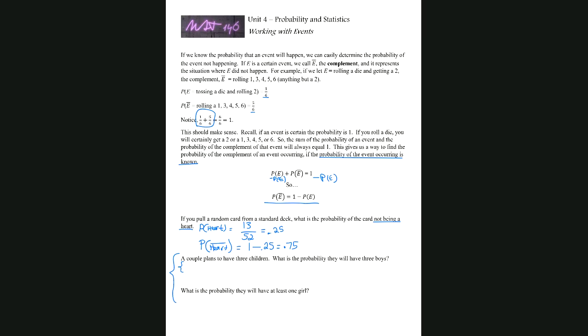So they're going to have 3 children. They could have all girls, so we could have GGG. They could have 2 girls and 1 boy.